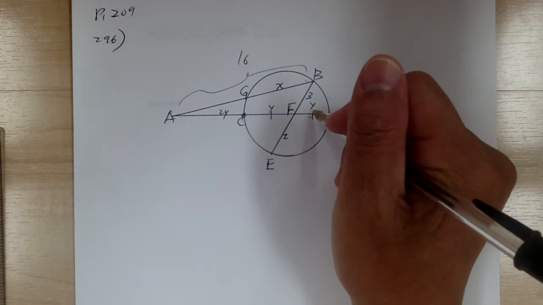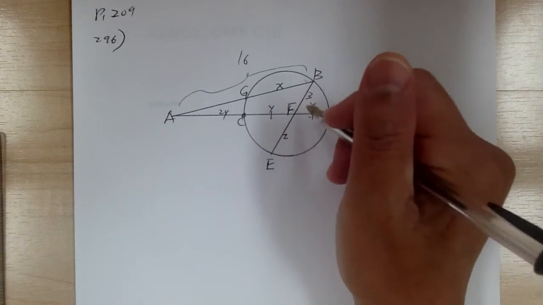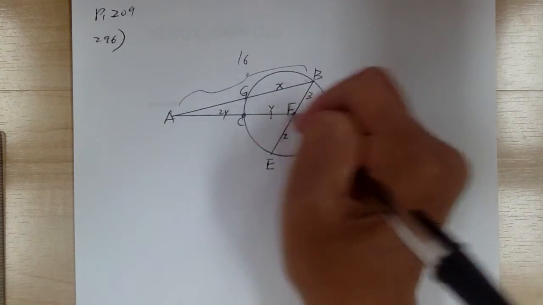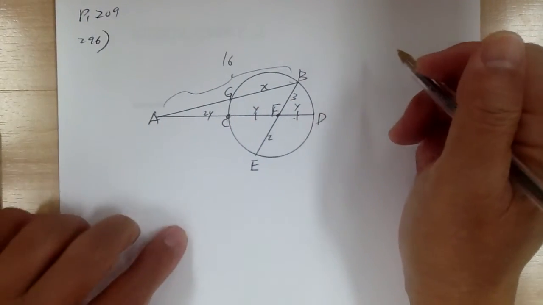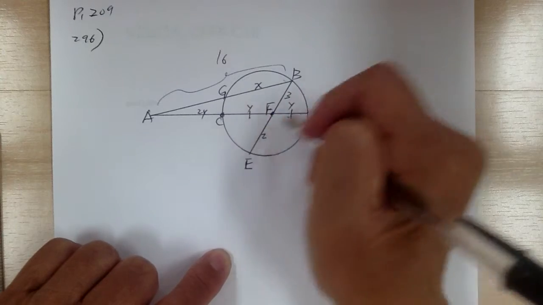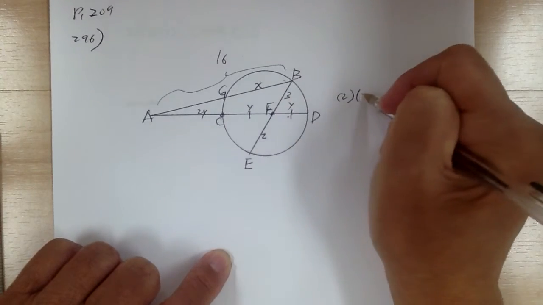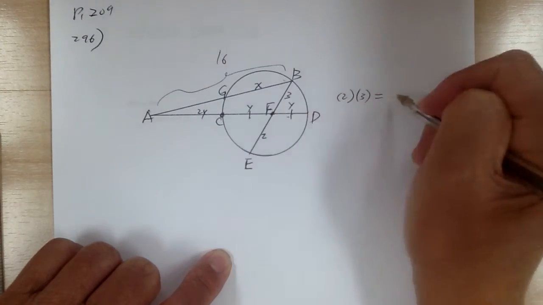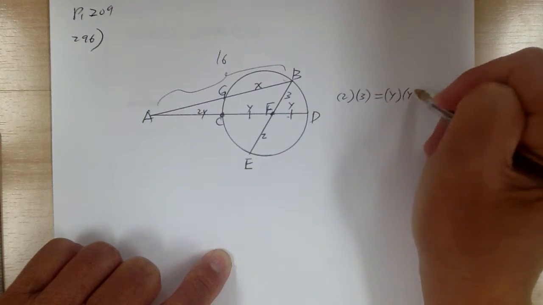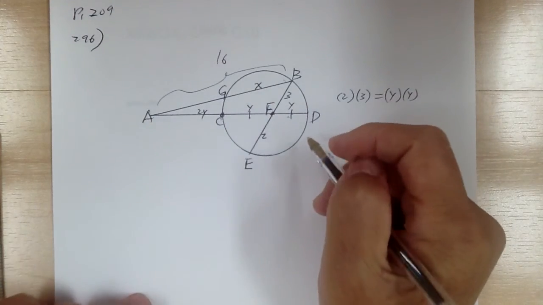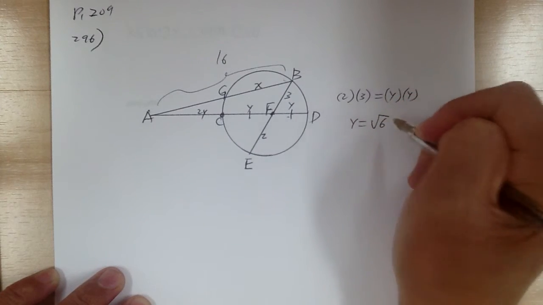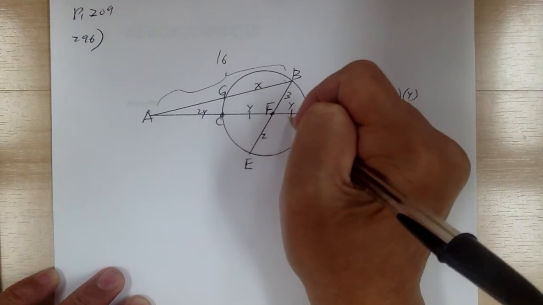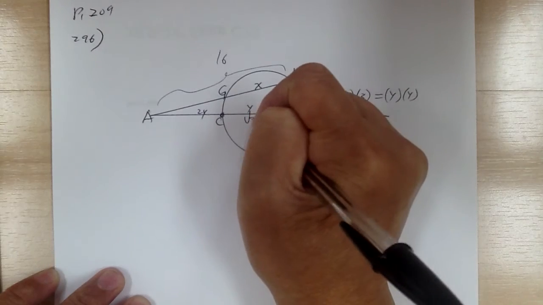Well, first we need to find Y. You apply the inside formula, so you're going to have point to circle times point to circle equals point to circle times point to circle. So from here you can see that Y equals square root of 6. So I'm going to put the numbers in here.